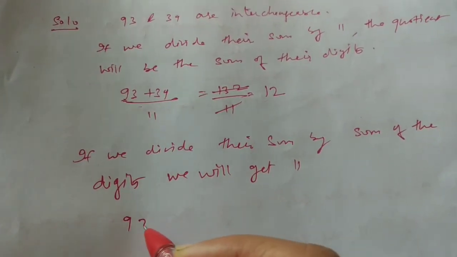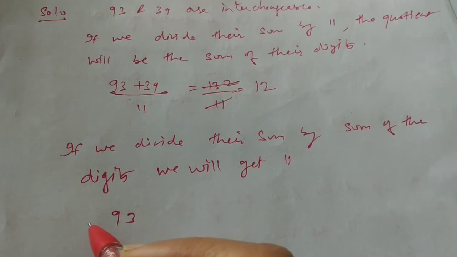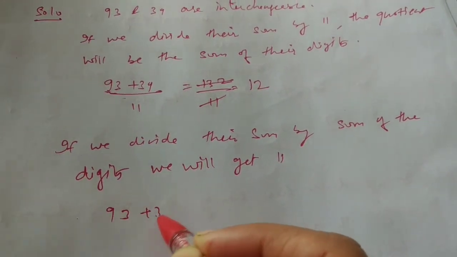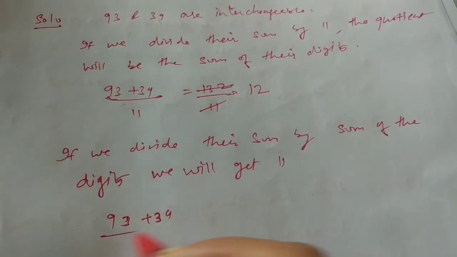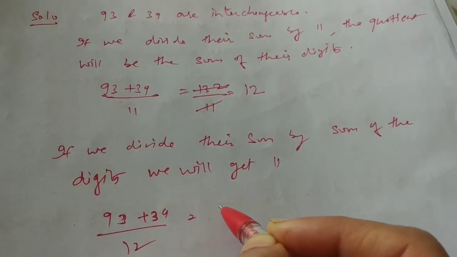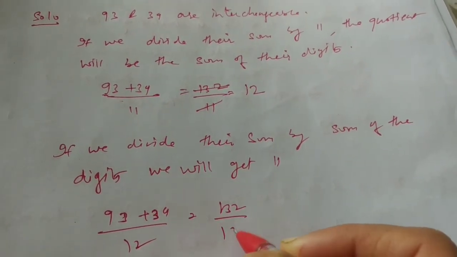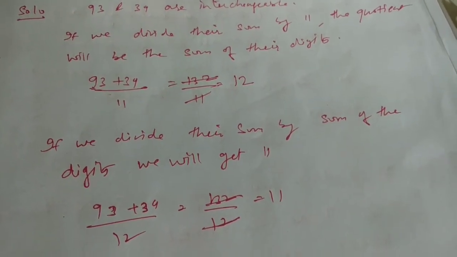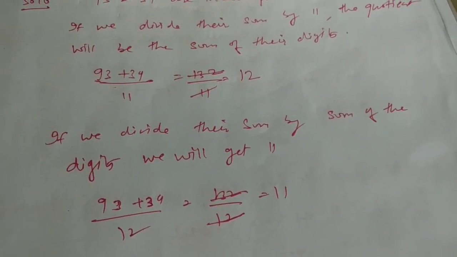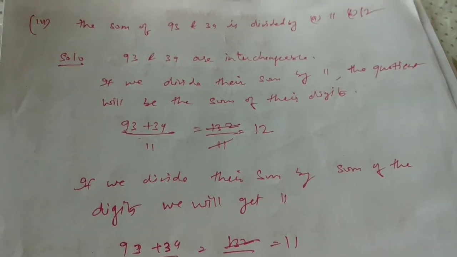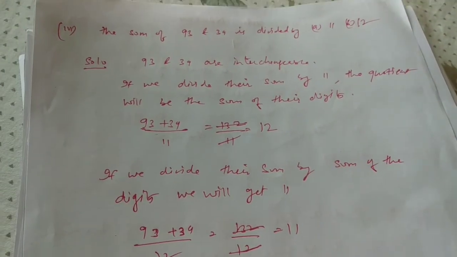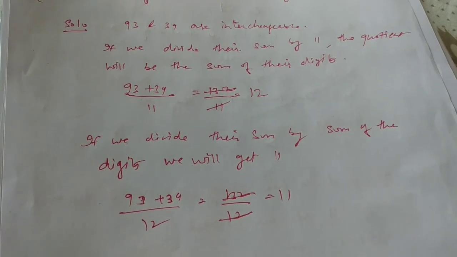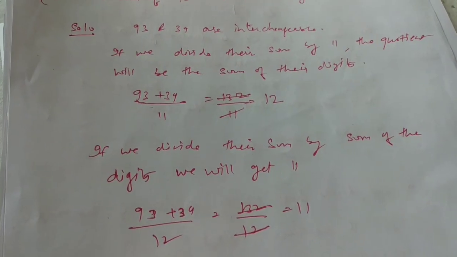So 93 plus 39 by 12, that is 132 by 12, would be 11. So here the condition is applicable for all the options given here.